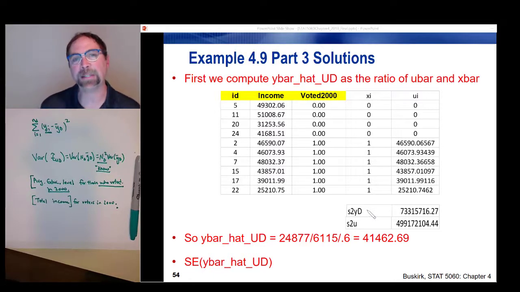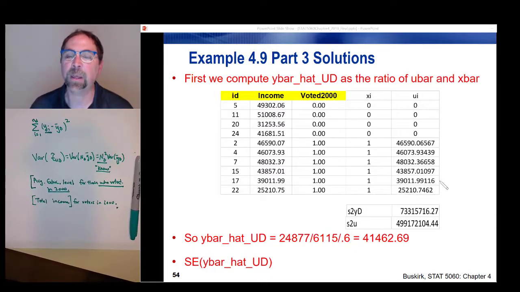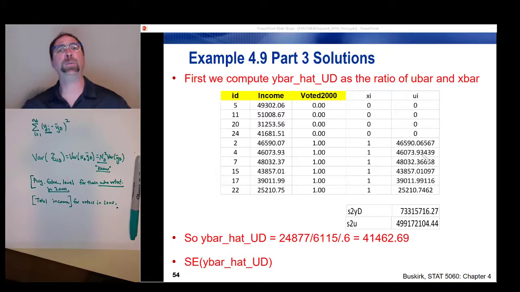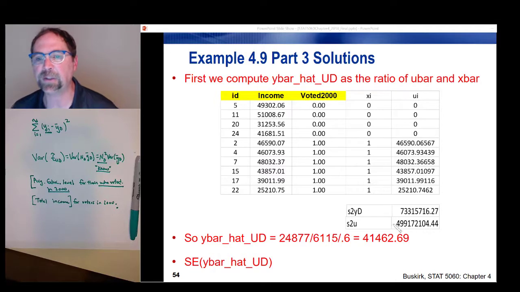We pay a penalty for not knowing the n sub d. Any time you have a variable on the magnitude of income and you're zeroing out portions and taking the variance of all of these, the variance balloons because the range is increasing considerably. So you're seeing a very large increase there.